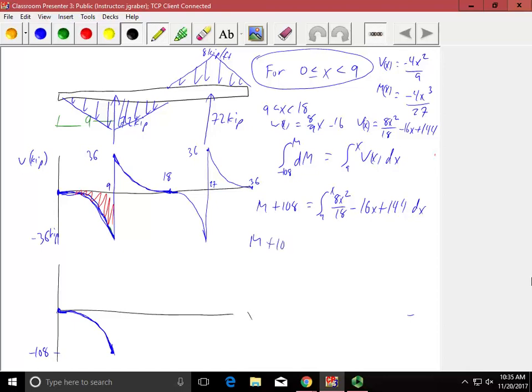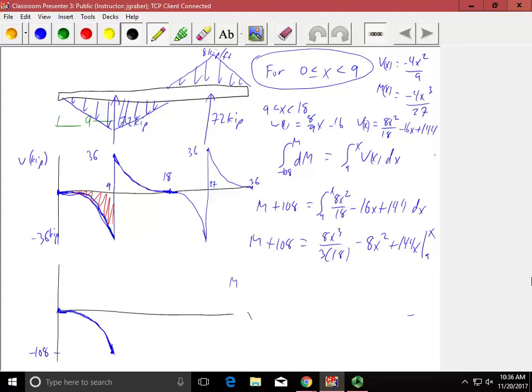Plus 108 equals 8x cubed over 3 times 18 minus 16x squared over 2, which is 8x squared, plus 144x from 9 to x. You guys get the idea, right? So now I would plug all that stuff in.